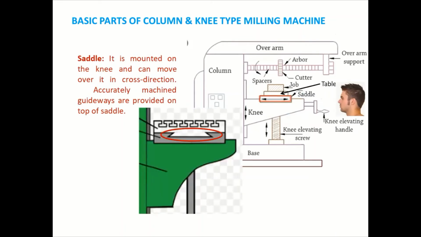This part is a saddle and this is a table. There are two parts, one is a saddle, the other one is a table. This saddle has a dovetail slot, which acts like a guideway there, so that the table can move easily. That's why we say accurately machined guideways, which is nothing but a dovetail slot being provided.